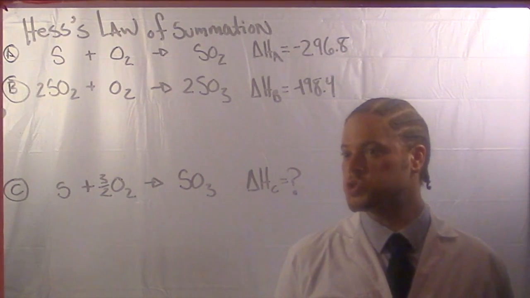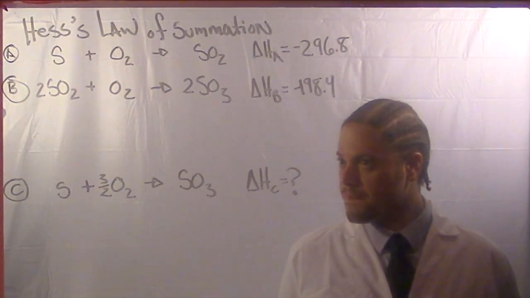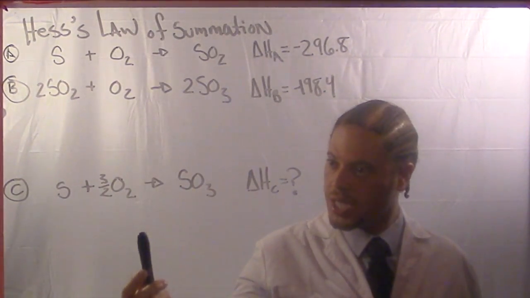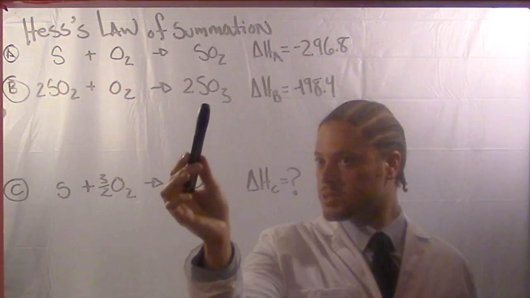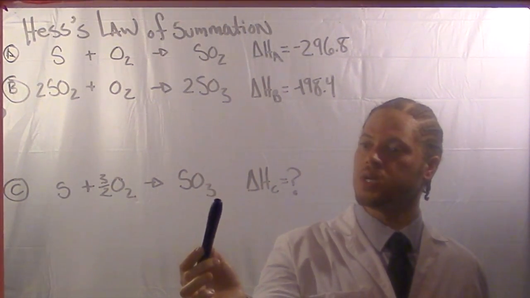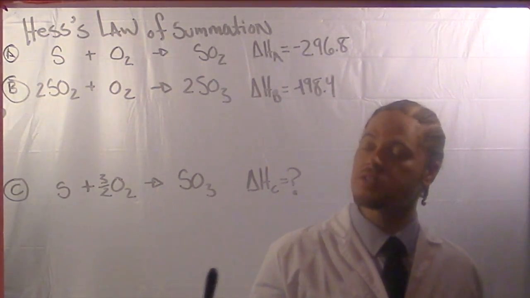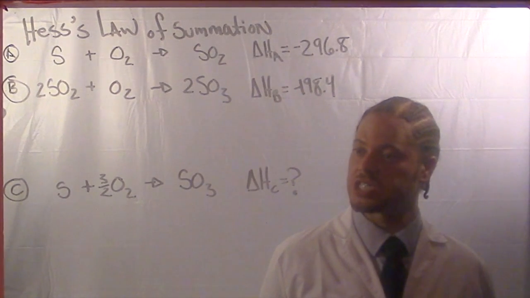Well, let's see what else we can do. Reaction B has O2 in the reagents and our target has O2 in the reagents. Okay, let's keep going. We see SO3 in the products and SO3 in the products. That's good, but if you notice, reaction B has 2 equivalents of SO3.